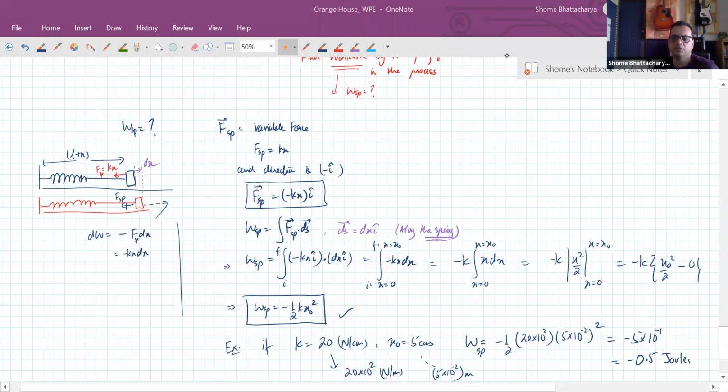Oh yeah, sorry, my mistake. This is squared. So just make a correction here. This will be 25 into 10 raised to minus 1. That's correct.